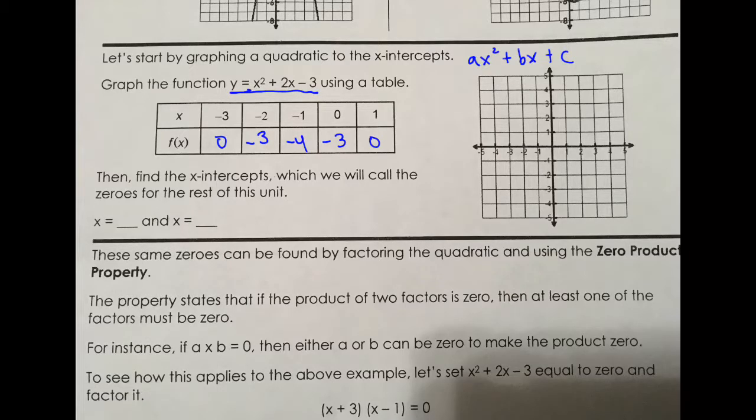And so if you look at this right here, each one of these columns is your ordered pair. We could also write that as, so I'm writing down here to the side, -3, 0. And that's the point on the graph.